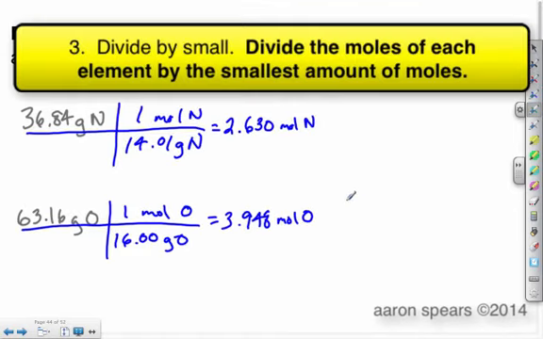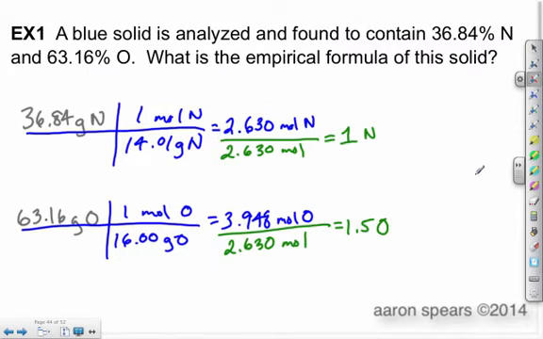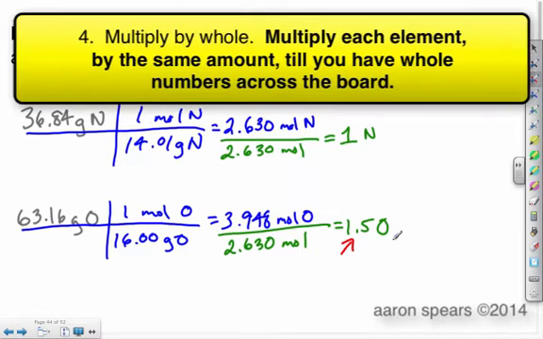So in our third step, we're going to take each quantity of moles and divide it by the smallest amount of moles. So in this example, that would be 2.630 moles. After dividing by the smallest amount of moles, we're beginning to see the ratio of atoms of nitrogen and oxygen in this compound. But you'll notice that for oxygen, we have a fraction of a number. And so in our fourth and final step, we need to multiply the number of nitrogen atoms and the number of oxygen atoms by the same number until we get the number of oxygen atoms to be a whole number.